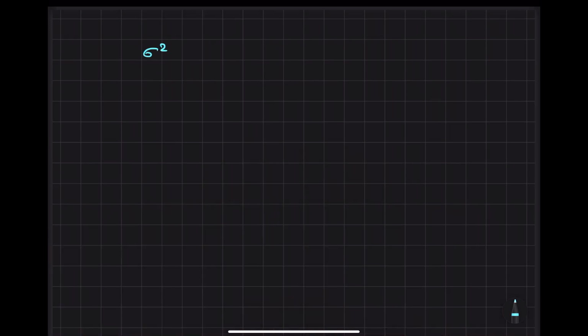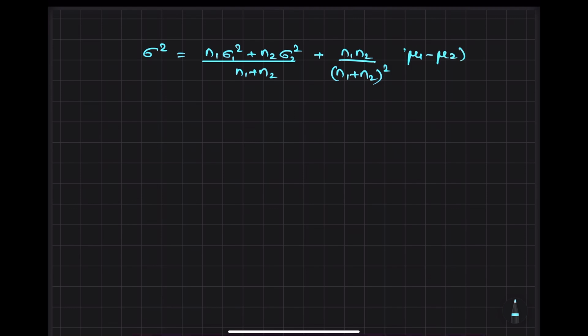Formula was variance of combined equals n1 variance 1 plus n2 variance 2 upon n1 plus n2, plus n1 n2 upon n1 plus n2 whole square, times mean 1 minus mean 2 square. I hope this formula is correct.